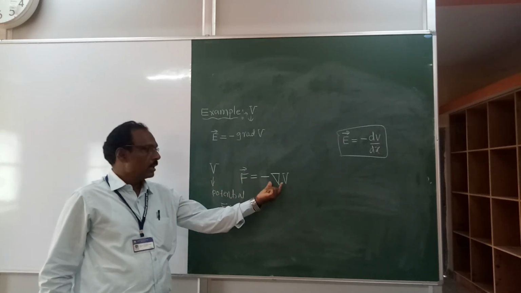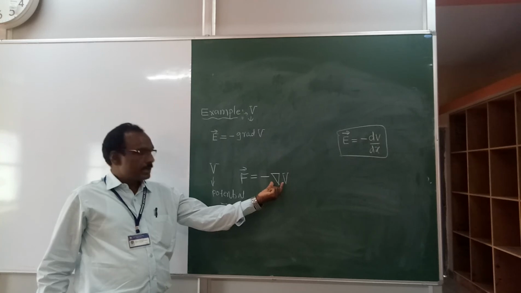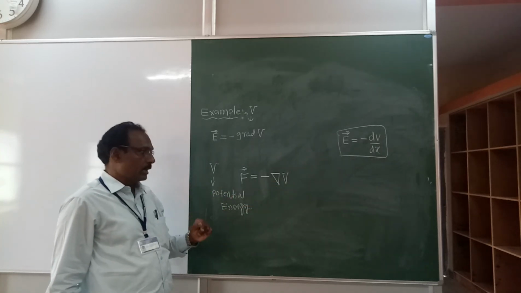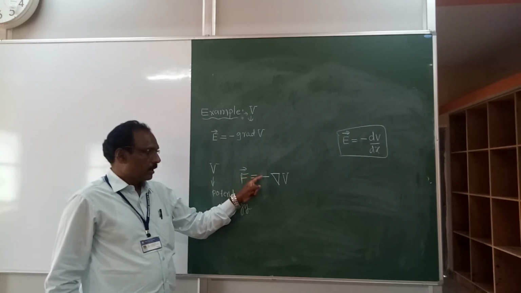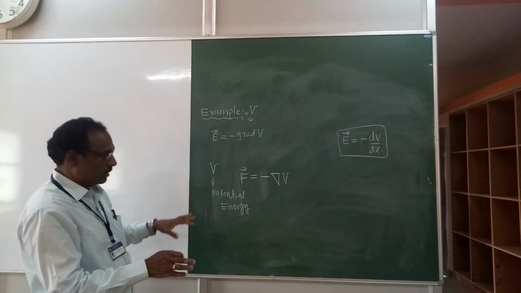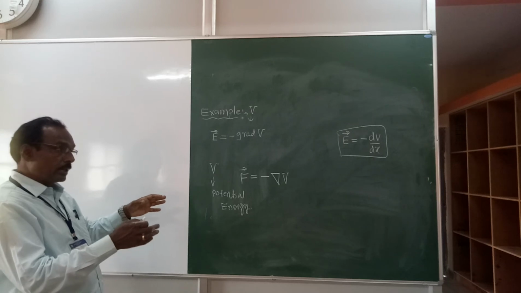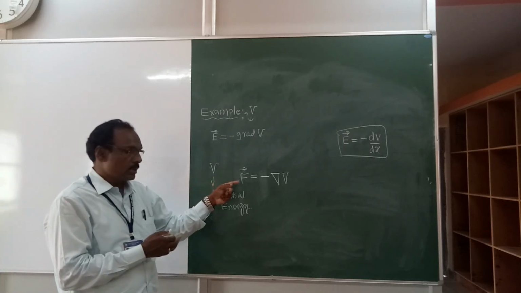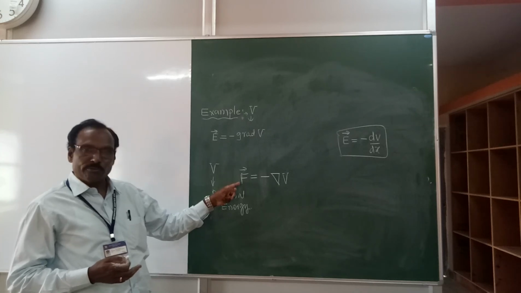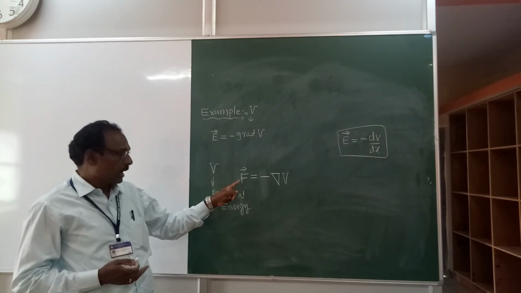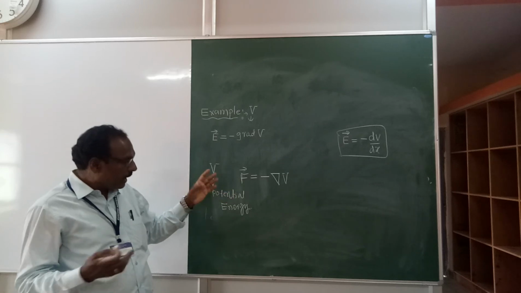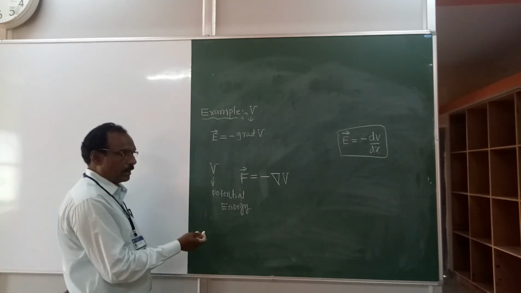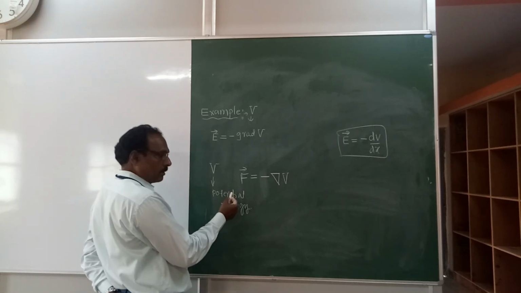Now we can say from a scalar quantity like potential energy, the greatest rate of decrease of potential energy gives us the magnitude of force here, and the direction is perpendicular to the normal drawn at the level surface.